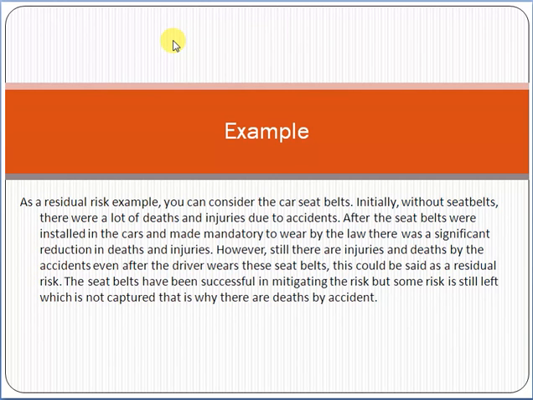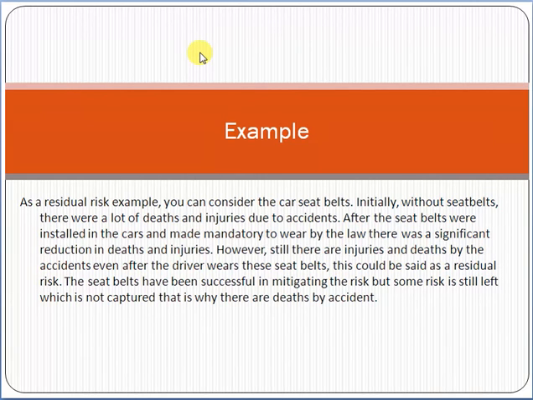However, there is still a chance that if any accident occurs, even with using the seat belt, you can avoid the life casualties, but there is still a chance that problems or issues will occur.